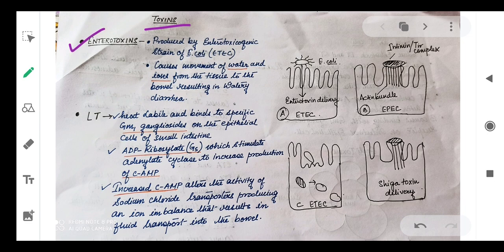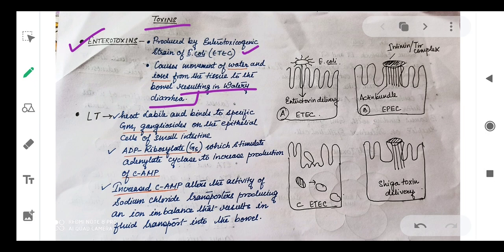Now, this particular enterotoxin means the one which causes some gastrointestinal problem. So, this is produced by ETEC, that is your Enterotoxigenic strain of E. coli. And their main activity is the movement of water and ions from the cell to the lumen of the gastrointestinal tract, resulting in watery diarrhea.